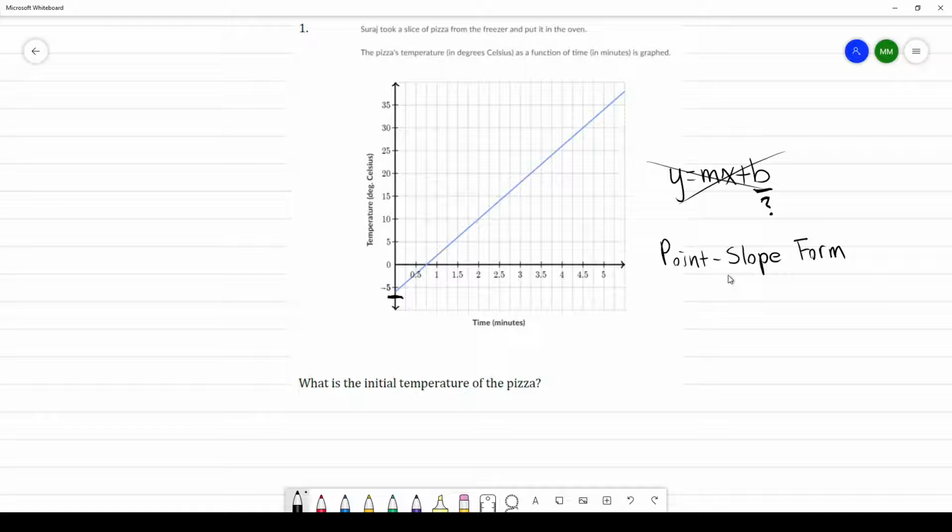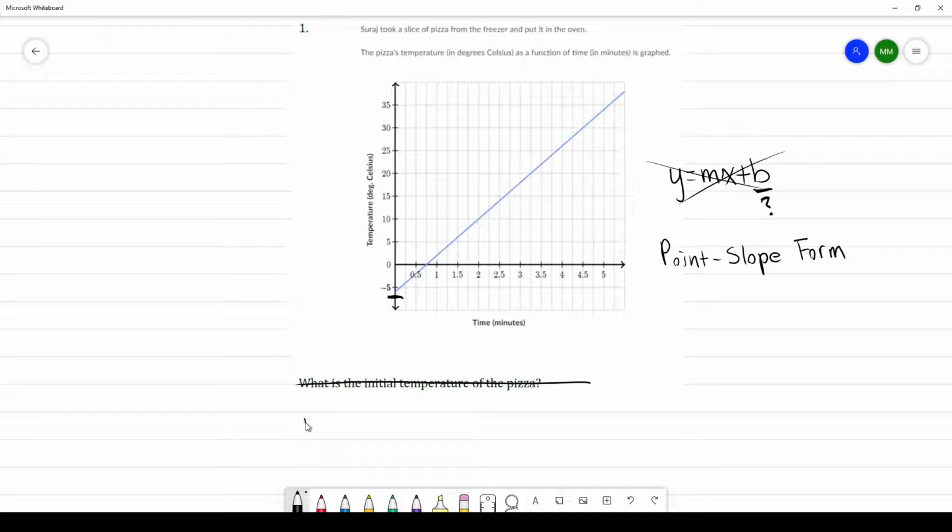We need point slope form to generate the equation of the line. So this question really should not be the first question. That's my bad. I did not realize this graph was tricky. This should not be the first question.